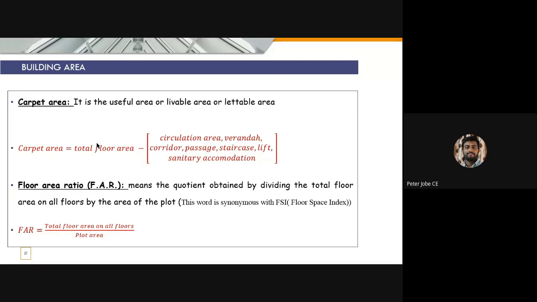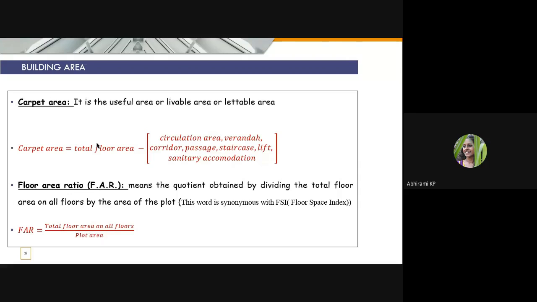But in carpet area, you need to understand what's the difference between floor area and carpet area? Floor area, it's an area of the particular plot. No, floor area of a building is actually the area between the walls of that building. You won't include the area occupied by the walls.